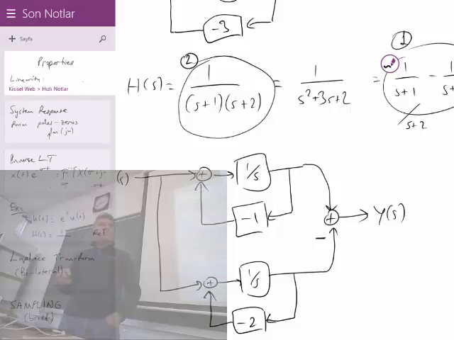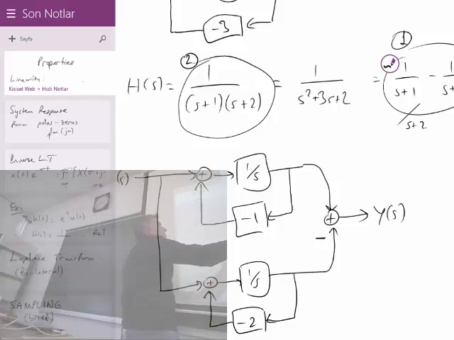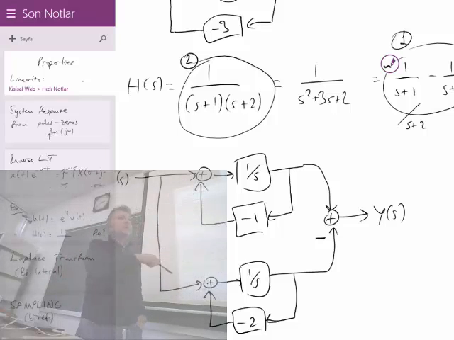As simple as the first one, because this thing is a multiplication of 1 over s plus 1 and 1 over s plus 2. You just multiply them. What does a multiplication in Laplace domain correspond to? If you multiply two Laplace domain things, it means the systems are cascaded after one another. Or in the time domain, you have to convolve the impulse response of this one and this one.